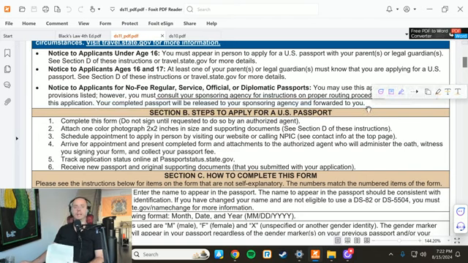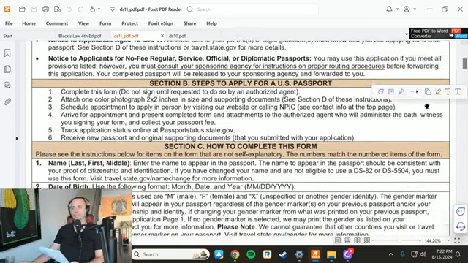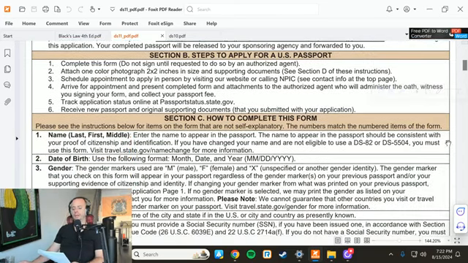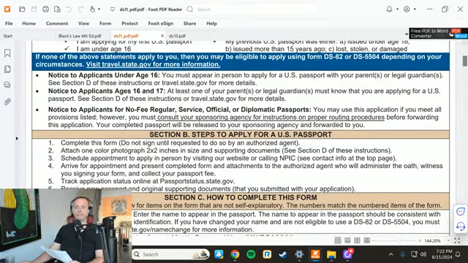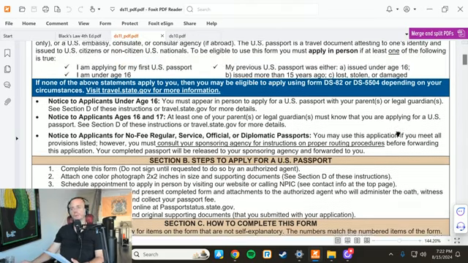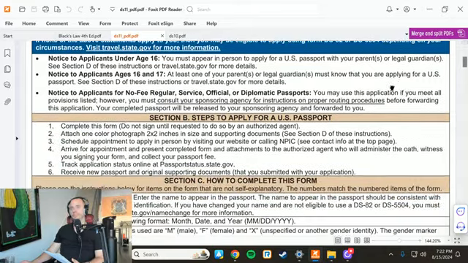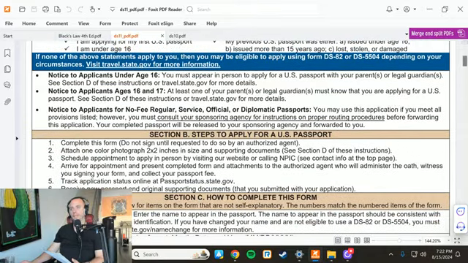I've never seen any laws anywhere stating that you need a sponsor and all this bullshit. That's the way they operate. Again, if you want a no-fee regular service official or diplomatic passport, fill out the stuff, send it in. If they don't give it to you, just sue them. I'm not kidding, bro. Just sue them. That's kind of where things are at with almost everything that I know personally, okay?